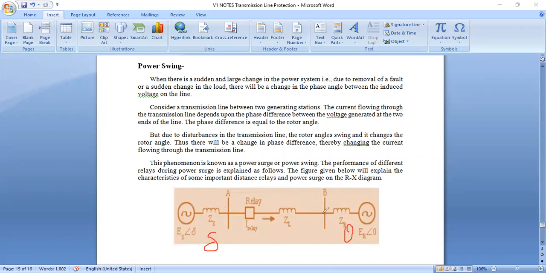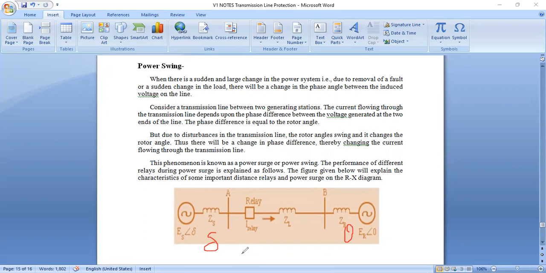Under steady state, as long as the phase angles are constant, that is, for normal operating conditions, these angles are fixed, so the relay operates normally. Now, the power swing occurs when the steady state condition in a power system is disturbed.